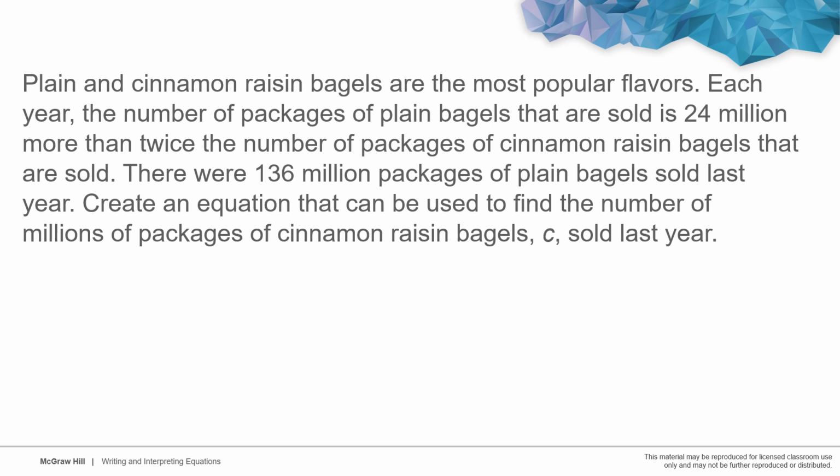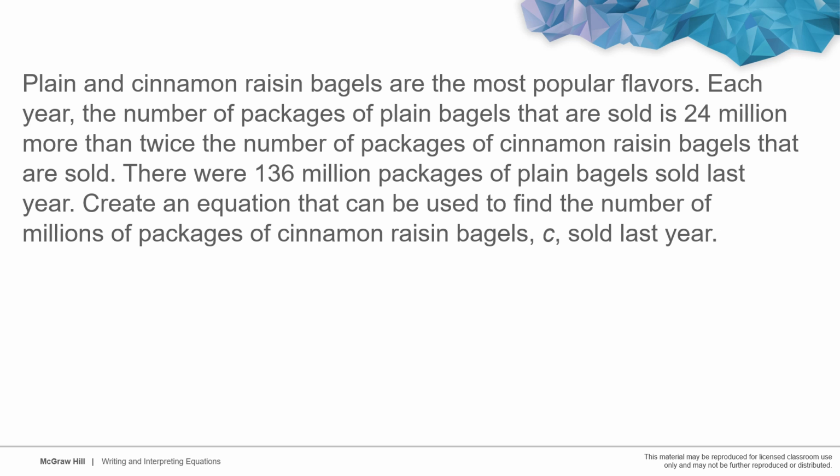We want to create an equation that can be used to find the number of millions of packages of cinnamon raisin bagels sold last year. So lots of words. We want to write an equation. They give us the variable. What's our variable in this one? It's C. So we want to write our equation centered around our variable C.